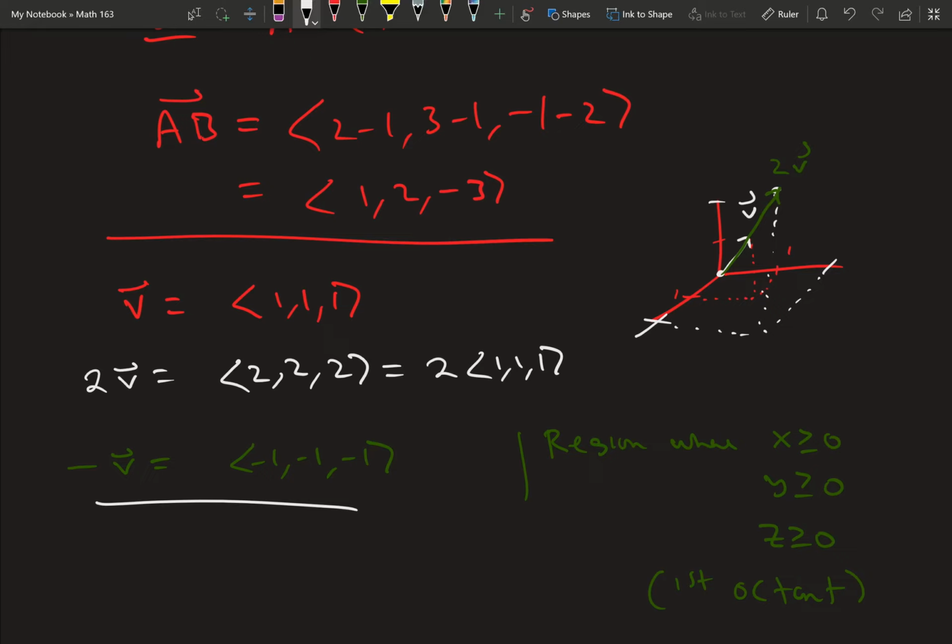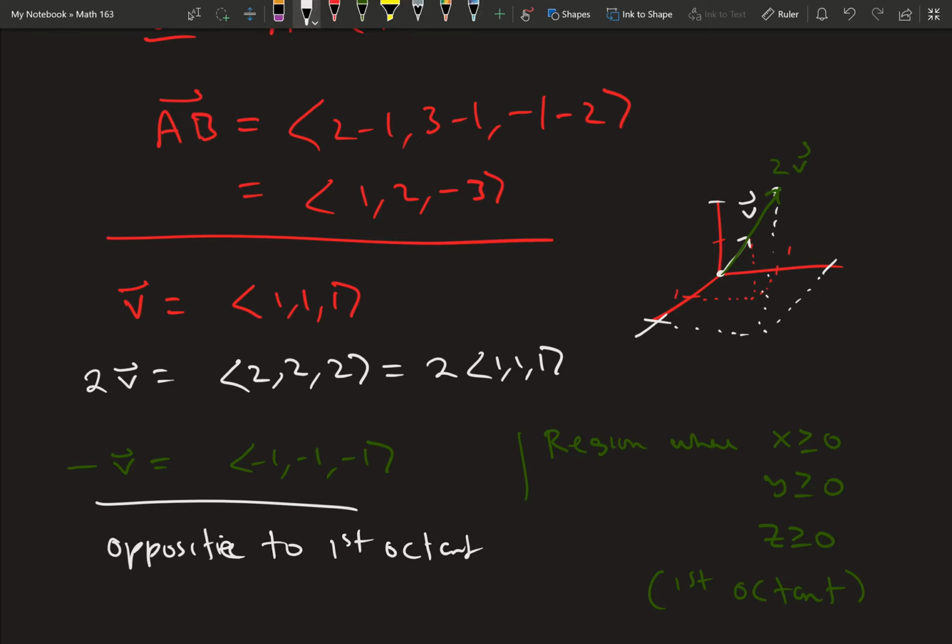And what's the second and the third? There are eight octants, obviously, but the ordering, to be honest, gets a little mixed up. But this is the region diagonally opposite to the first octant.